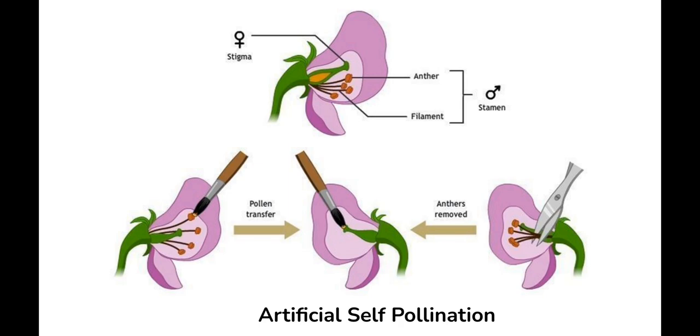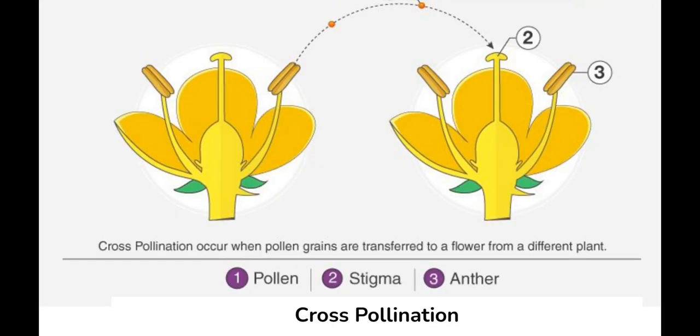Some plants can self-pollinate very easily, like peas and beans. But they also can be self-pollinated or cross-pollinated.